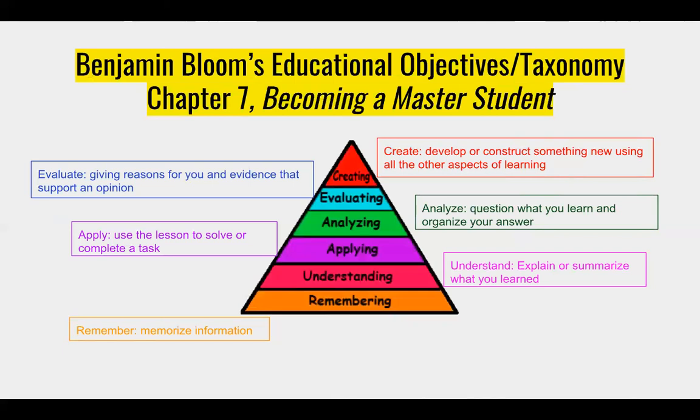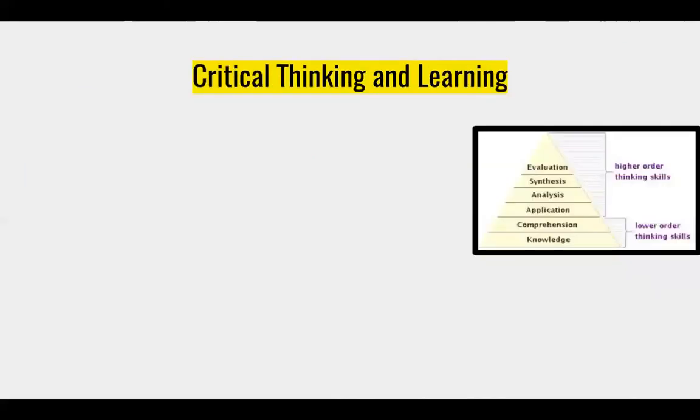Maybe that wasn't the best example, but I just wanted you to see how different memorizing is from creating something brand new, or even evaluating whether something works or not. Remembering is just committing information to storage in the brain. Now, Bloom, with this pyramid, is also talking about the lower order thinking skills and the higher order thinking skills.